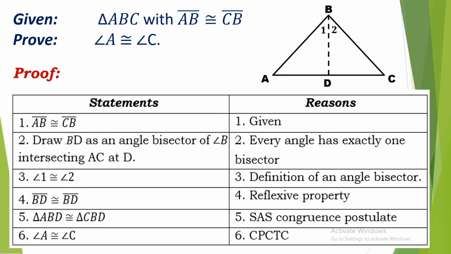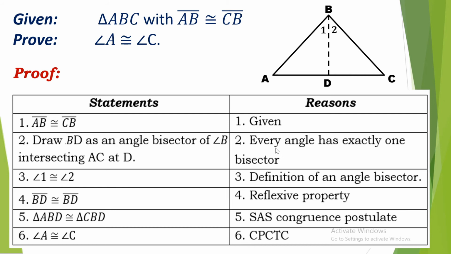Now for our second statement, draw BD as an angle bisector of angle B intersecting AC at point D. So we now have this line. The reason for that, every angle has exactly one bisector.